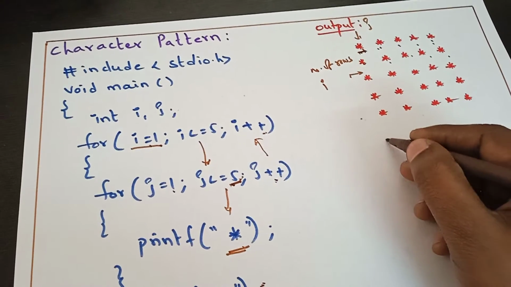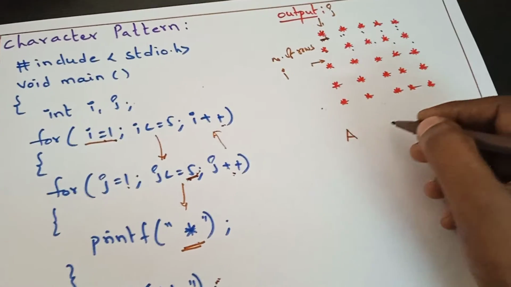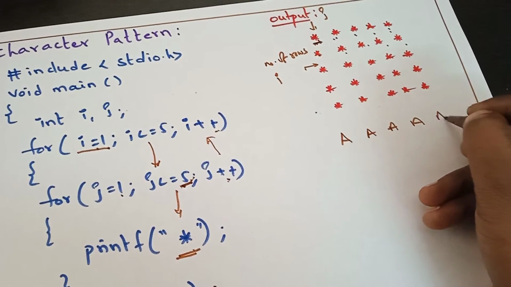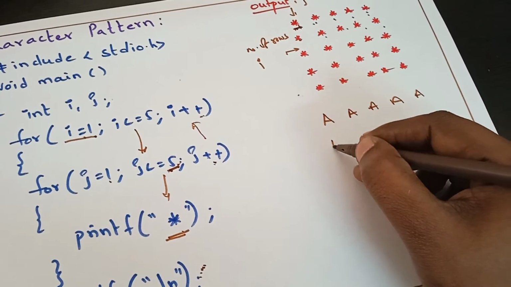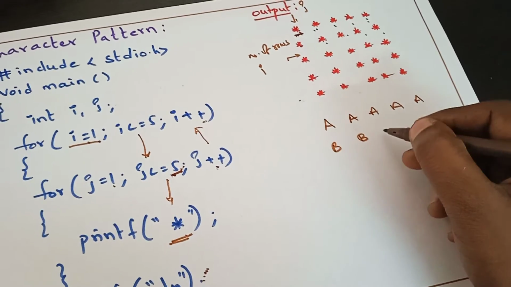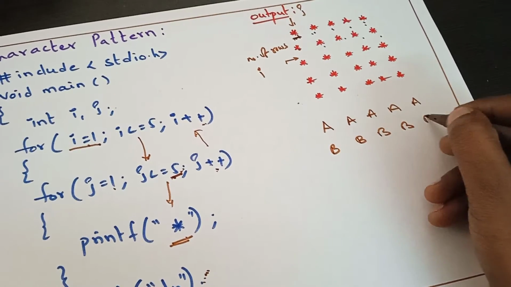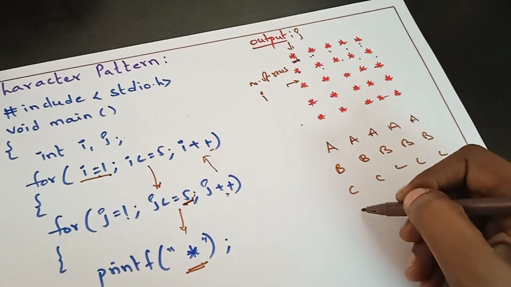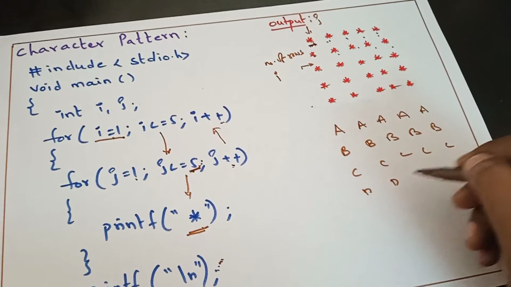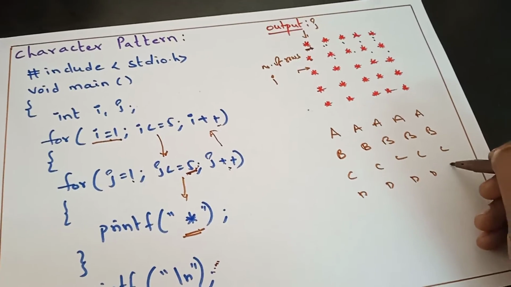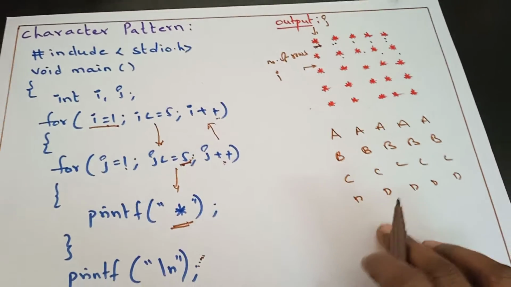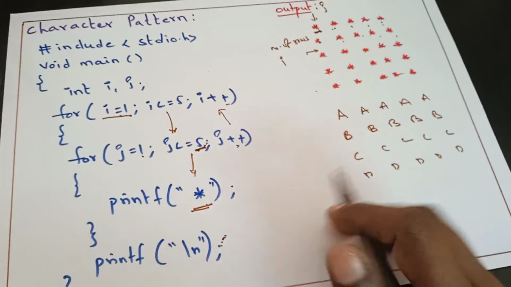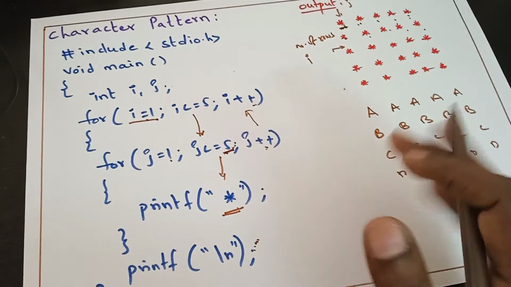So if I wanted to display this: A, and B, next is C, D. If I wanted to print this pattern, we need not change many statements, or write separate code.